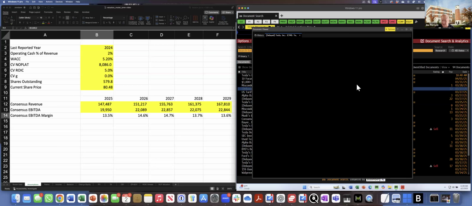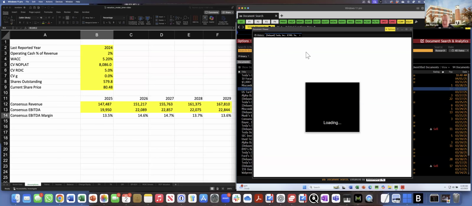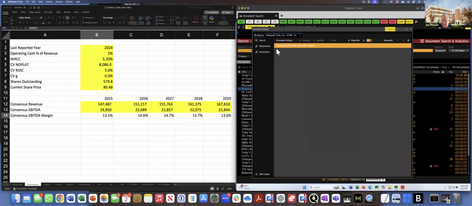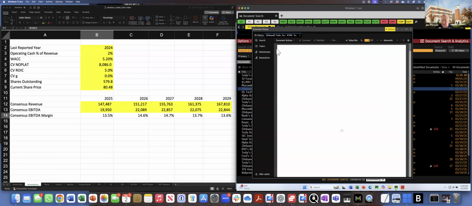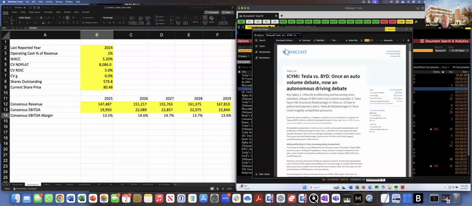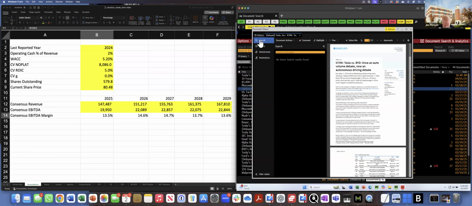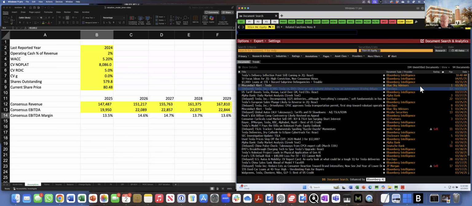So I'll open up the Barclays report and just search to see if there's a tax rate here. Nope, not in the Barclays report. Let's see, who else do we have?